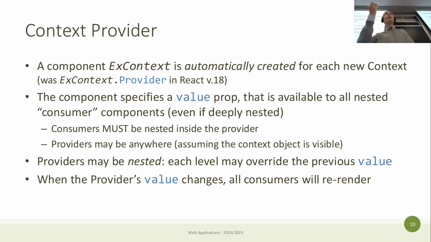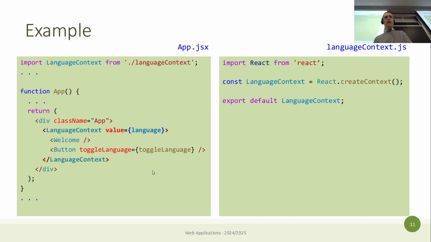So they work in principle like props. If they change, the component is re-rendered. And it is used in this way. So you import the LanguageContext from the language context file, so it means this one. They create context, and you use it as a normal component in the JSX.